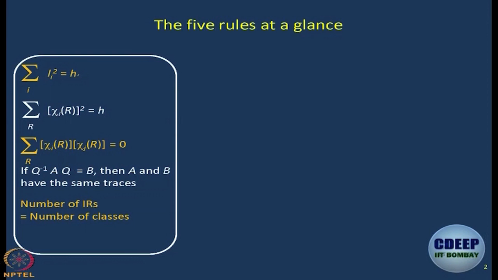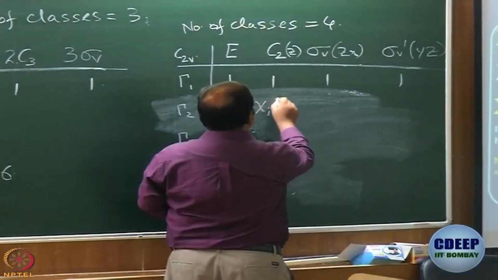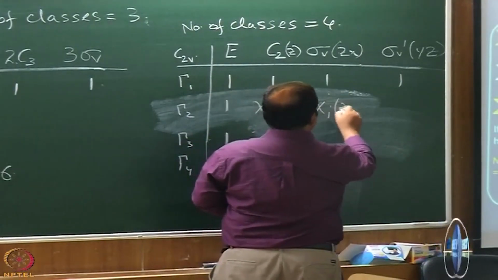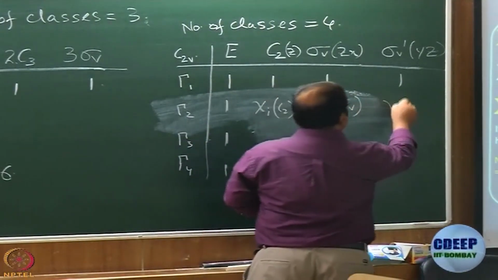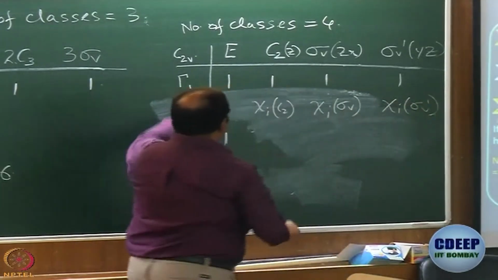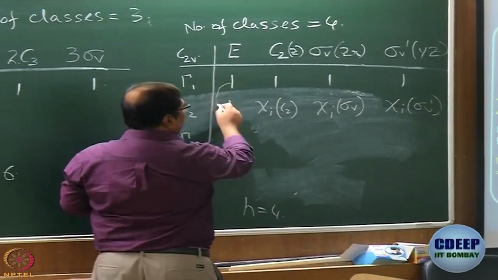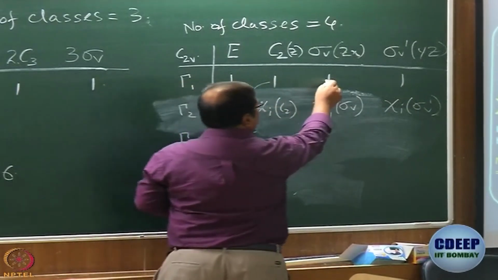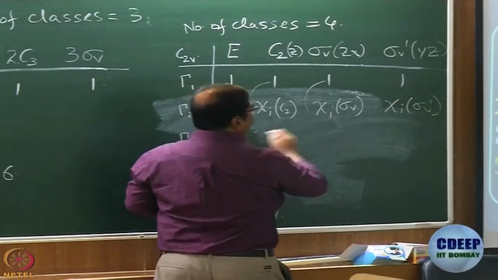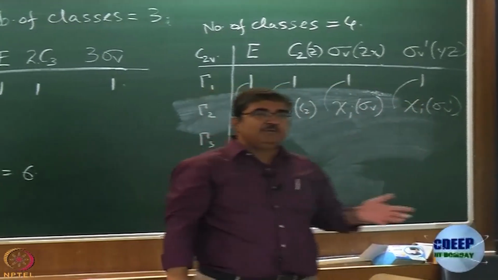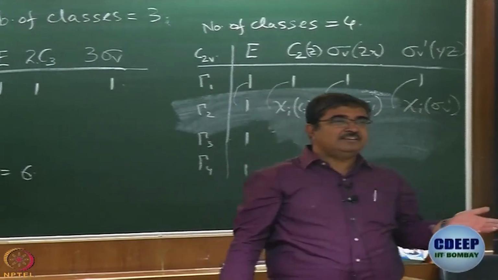So, if I write one of these as say chi i of C2, chi i of sigma V, chi i of sigma V dash, then what does it mean? 1 multiplied by 1 plus 1 multiplied by chi i of C2 plus 1 multiplied by chi i of sigma V plus 1 multiplied by chi i of sigma V dash is equal to what? 0.